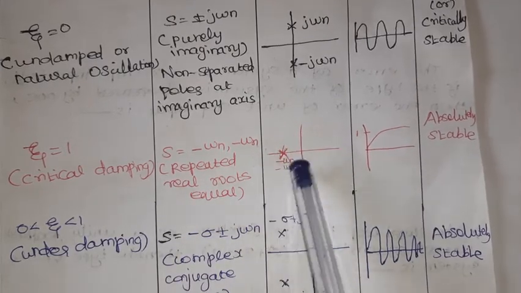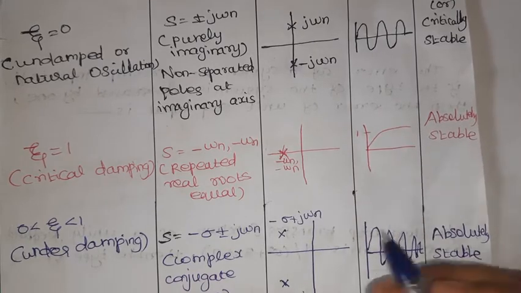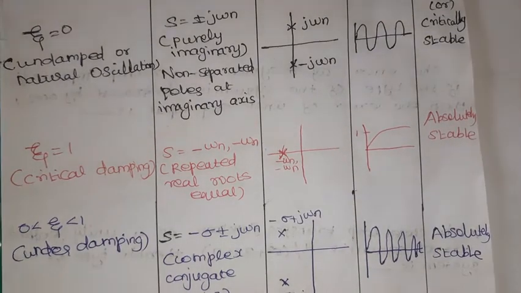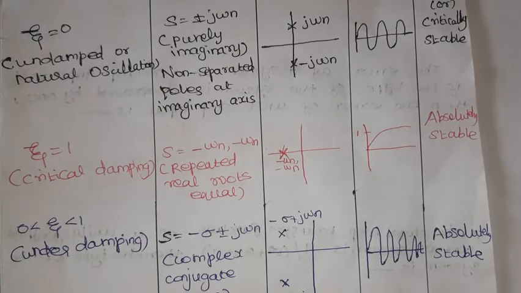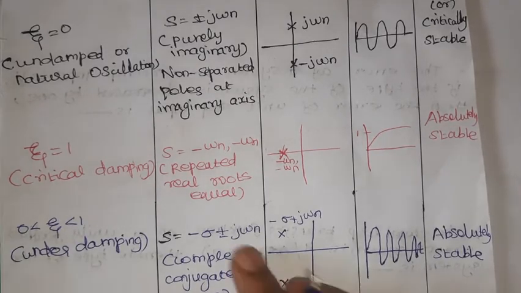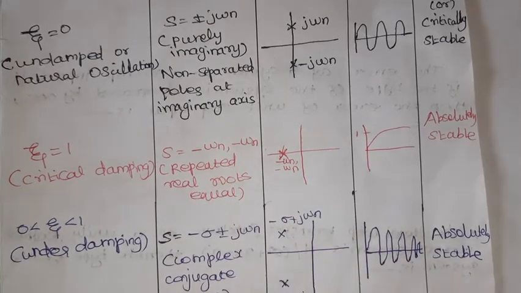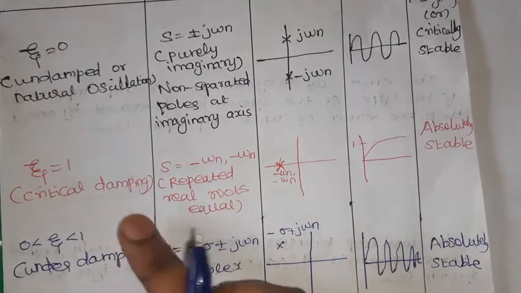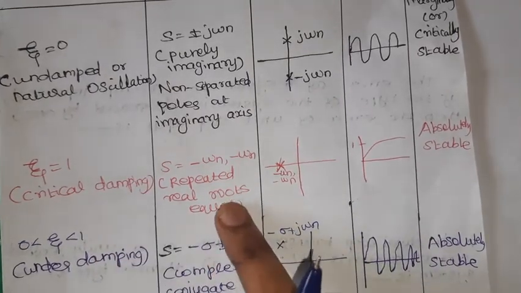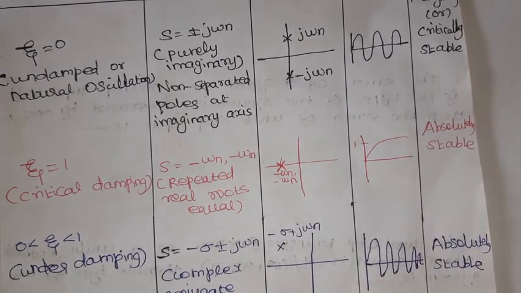If a transfer function is K divided by (s plus 1) the whole squared, the roots are at s equal to minus 1, minus 1, in the same location, that is real, repeated, equal roots. So for critical damping, zeta equal to 1, the roots are real equal repeated roots. The system is absolutely stable.